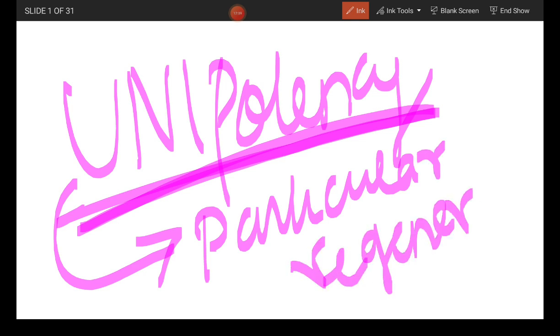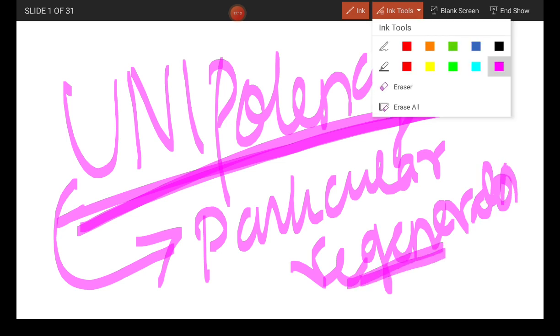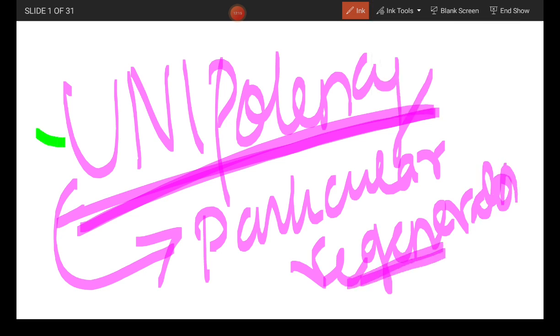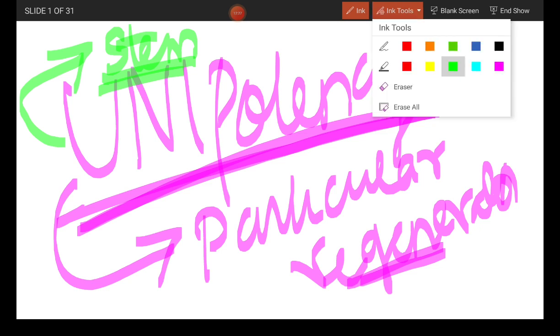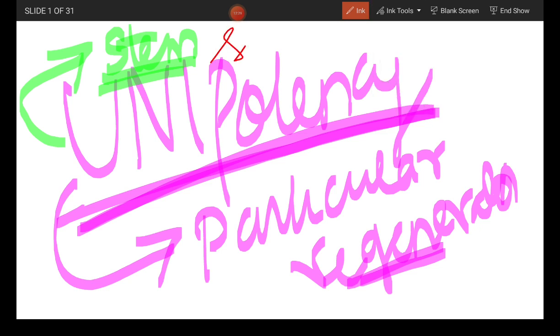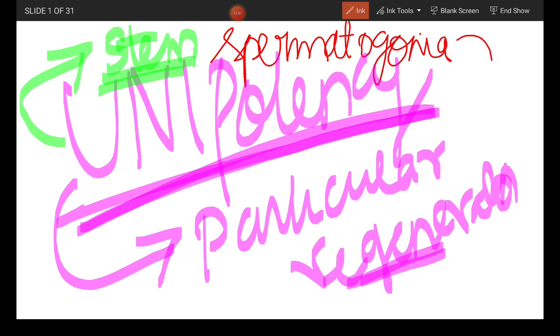An example is the stem cell spermatogonia. It will give rise to only sperms.